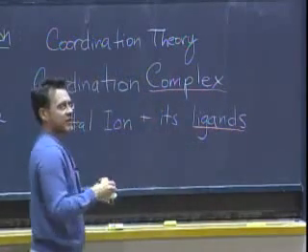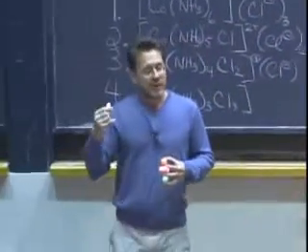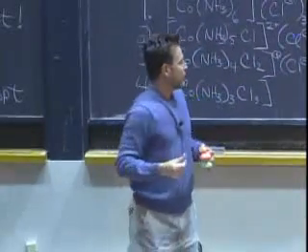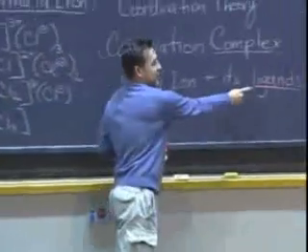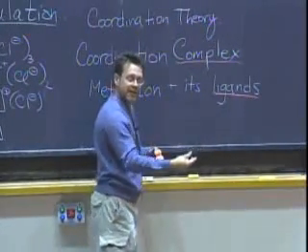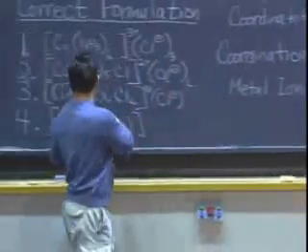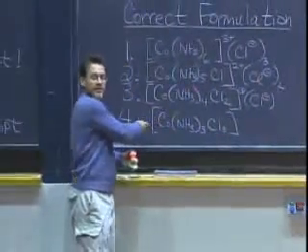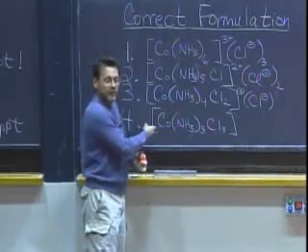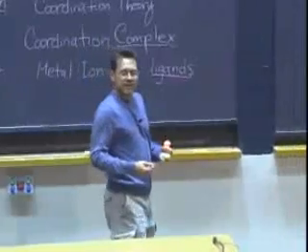So there's another word that you need to learn in this context. Here, I would like to define the term ligand as an atom or a molecule or an ion that can bind directly to a metal like cobalt in its primary coordination sphere. Okay? And that means that they are directly connected to the metal.